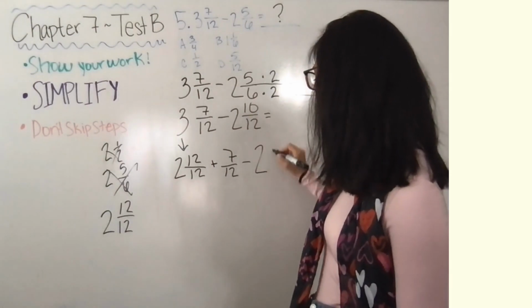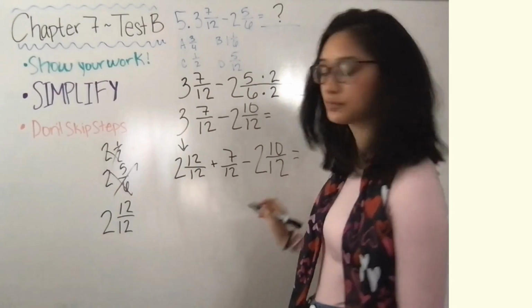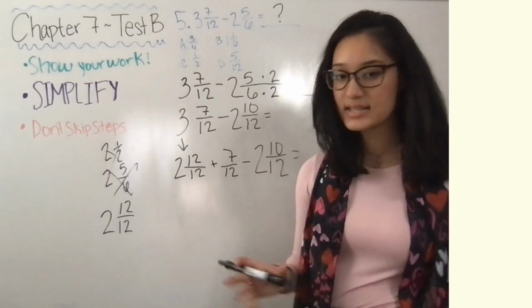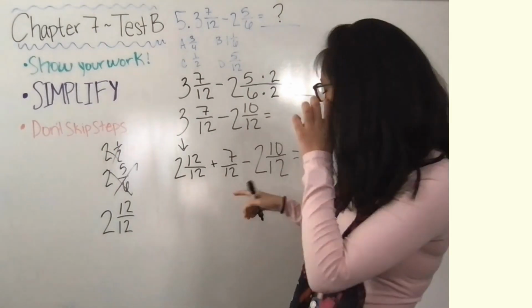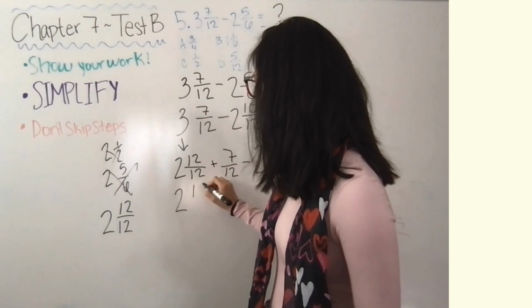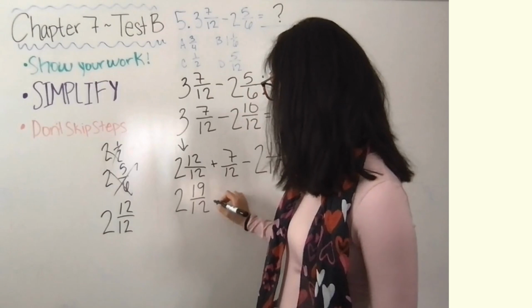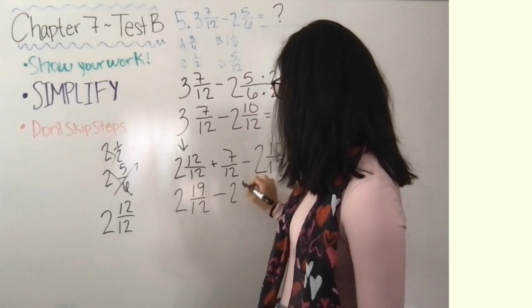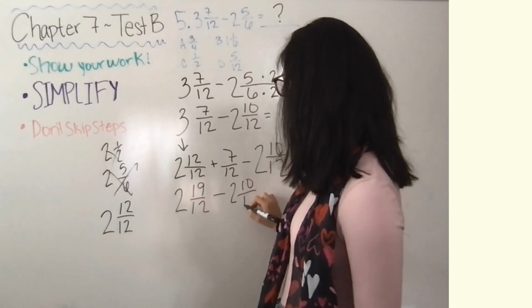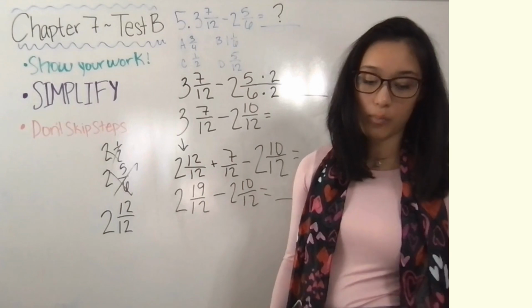Minus your 2 and 10/12. Now that's easy. Add these two numbers up and you get 2 and 19/12 minus 2 and 10/12. Now that's an easy problem that you can do.